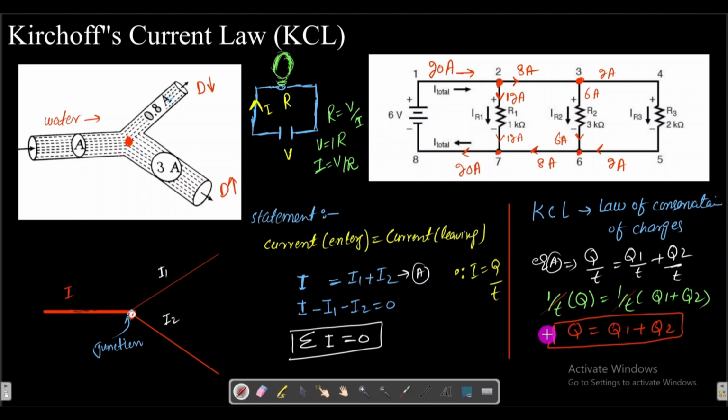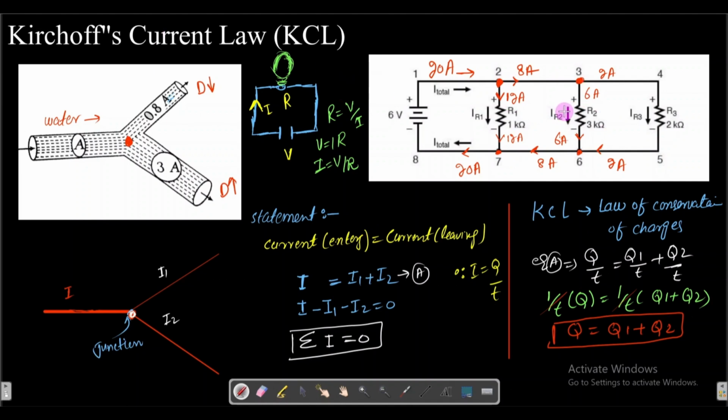It means that the number of charges entering the junction will be equal to the number of charges leaving the junction. So this is called the law of conservation of charges. Therefore KCL, Kirchhoff's current law, is called the law of conservation of charges. This was the simplest explanation of Kirchhoff's current law.